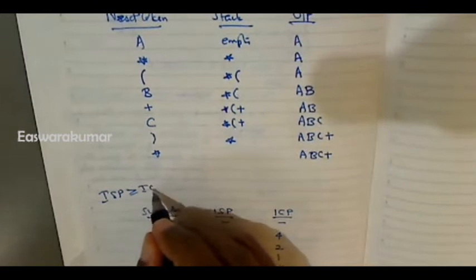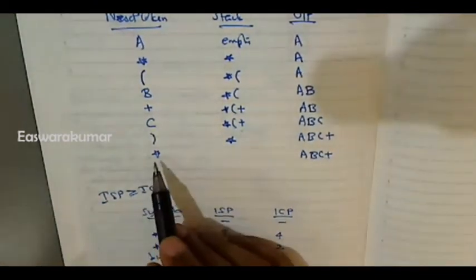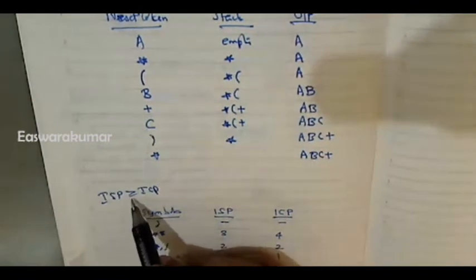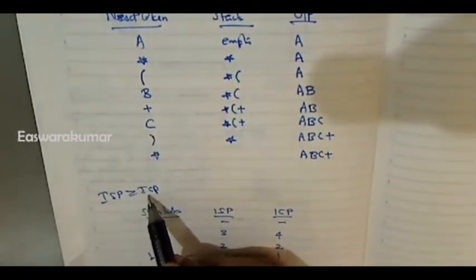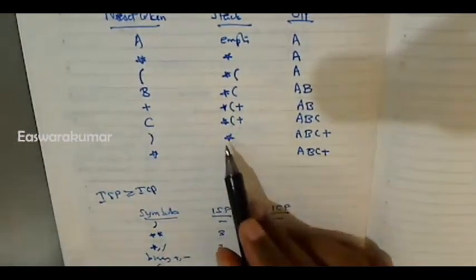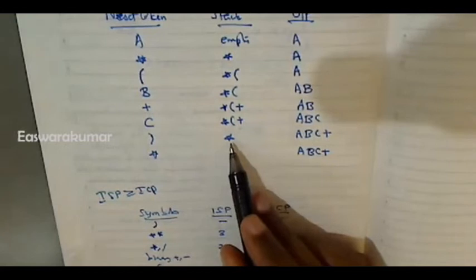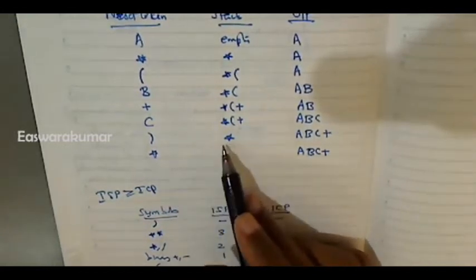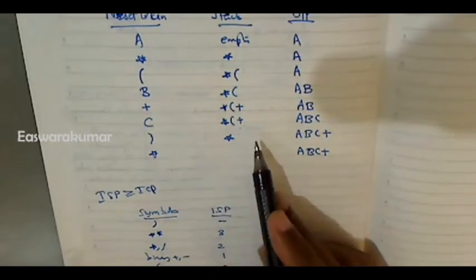So the condition is: if the in-stack priority is greater than or equal to the incoming priority, then we have to pop out the operators in the stack. Sometimes if two operators have the same priority, both will be popped out one after another.